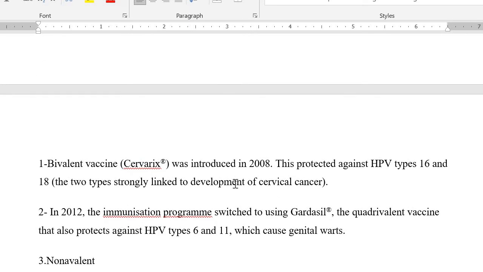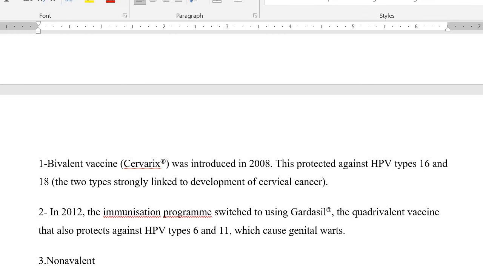Different types of vaccines are available, like the bivalent vaccine, which is Cervarix, and it actively provides immunity against HPV types 16 and 18. These two types are strongly linked to the development of cervical cancer. In 2012, another vaccine was developed, that is Gardasil.